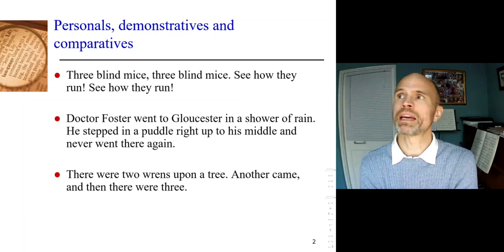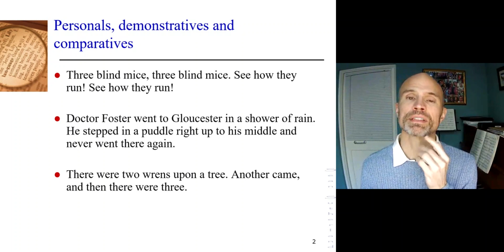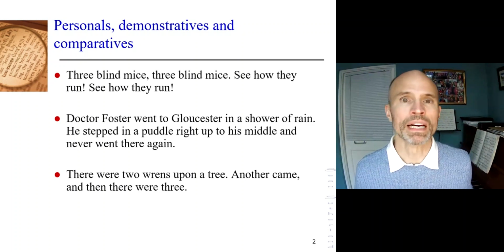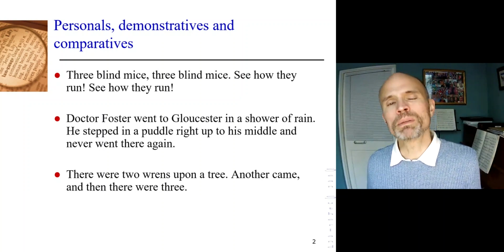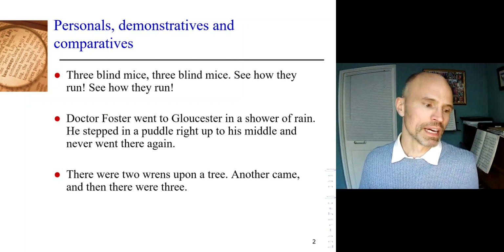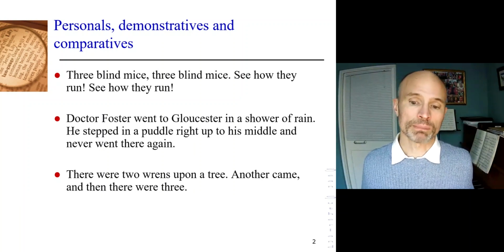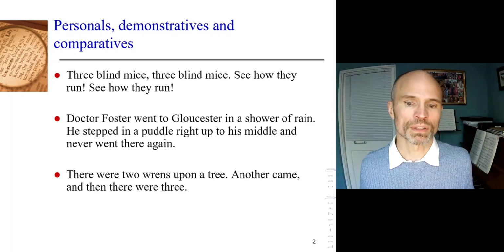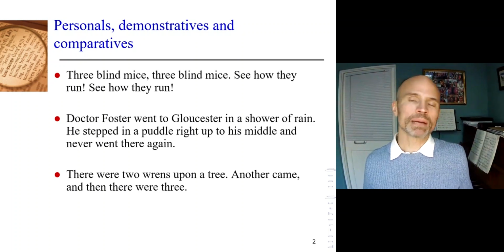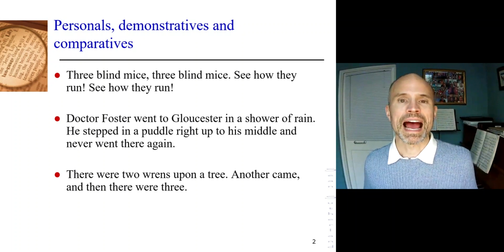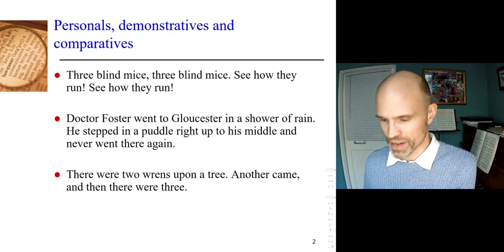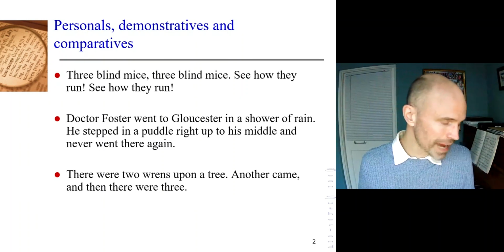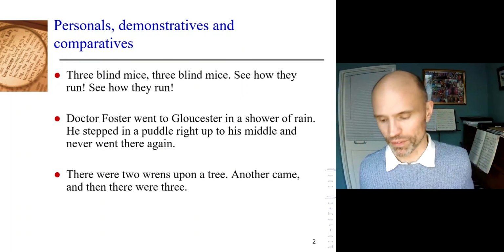If you only had that second sentence, if someone said to you, another came and then there were three, you'd know that it was another something, but you wouldn't know what, because you wouldn't be able to compare that another to anything else. But of course, because you have the first sentence, there were two wrens upon a tree, you're able to interpret another here as another wren. So you're able to compare this another something and look back and say, we're talking about wrens.